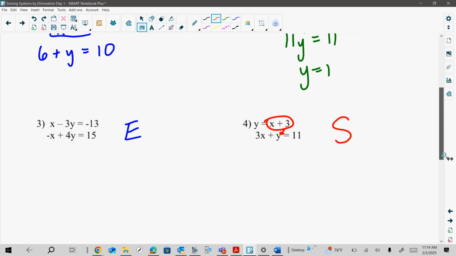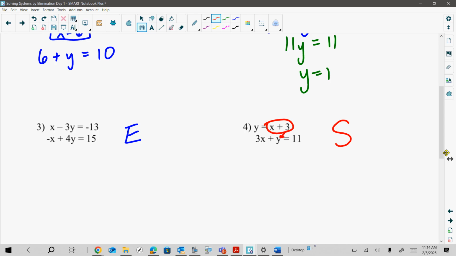All right, which variable should we eliminate on number 3? Yes, the x's are the ones that are opposite. We got a positive x and then a minus x. So when I add them, it's gone. We add everything else. Y equals 2. Yes, now we just got to plug it back in. Which equation do you want to plug back in? I would do A as well.